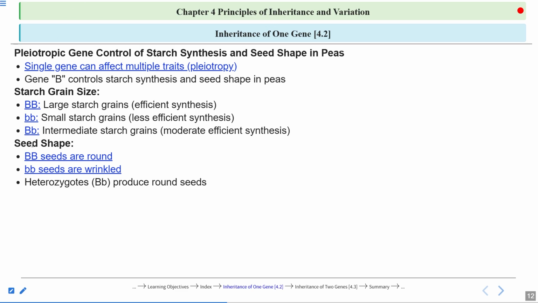In the case of seed shape, the same gene is acting as a dominant gene. Here capital B is dominant over small b, because in the heterozygous condition, round seeds are produced. In starch grain size, there is no complete dominance because intermediate starch grains are being produced.